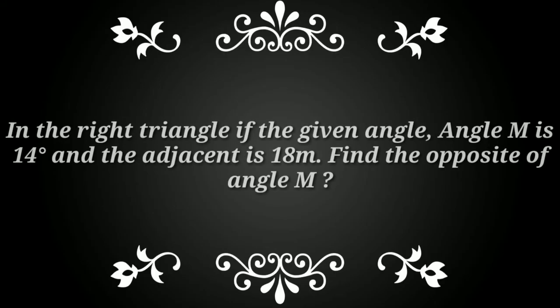For example number 3, in the right triangle, the given angle, angle M, is equal to 14 degrees and the adjacent is 18. So find the opposite of the angle M. Now, we are going to find the opposite of the angle M, and we are going to use TOA because the angle is given and the adjacent.